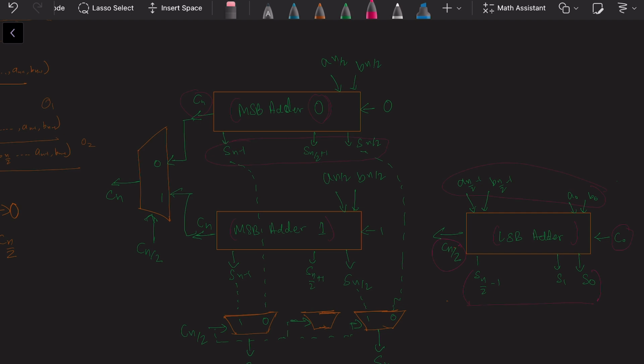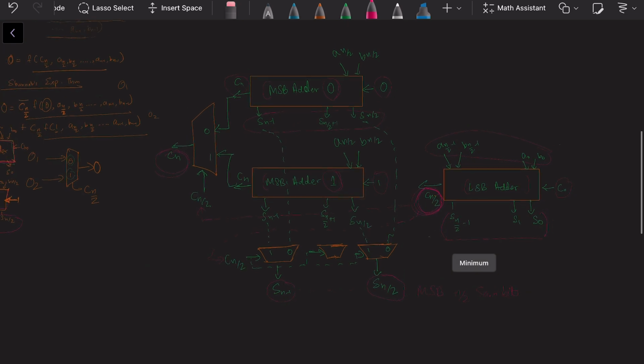One is MSB adder 0, other is MSB adder 1. The MSB adder 0 takes 0 as Cn by 2, and the MSB adder 1 takes 1 as Cn by 2. Then depending on the actual value of Cn by 2, this gets routed here to compute the final Cn. Similarly, this actual value of Cn by 2 gets routed to these muxes on the sum bits to compute Sn minus 1 all the way to Sn by 2, which are the MSB n by 2 sum bits.